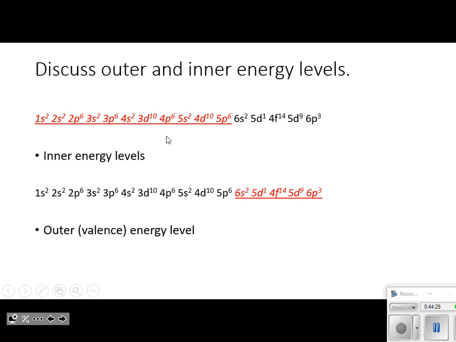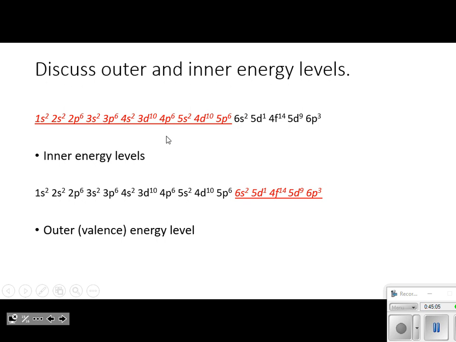Outer and inner energy levels. The key part about the noble gases, and look up on my periodic table up here. Here are the noble gases, right? The part about the noble gases is that this is where the energy level gets filled, a full energy level.